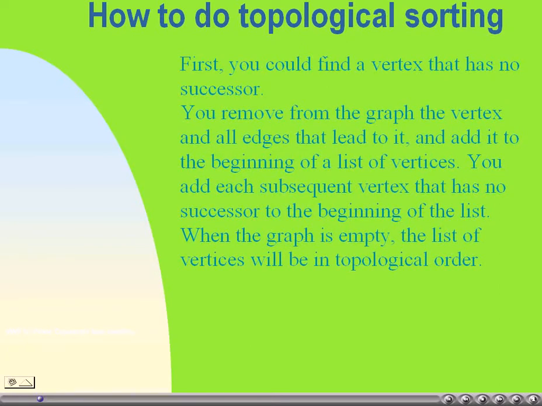Again we apply the same operation on the remaining graph. We repeat this till there are no more nodes left in the graph. So the resulting output list becomes the topological order of the graph.